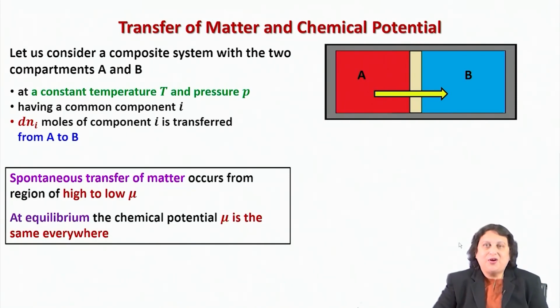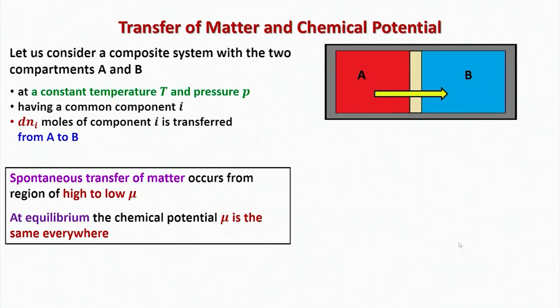So what we have learned from here is that we have been able to identify an intensive variable with respect to transfer of matter, and till now we know that this intensive variable can be determined in terms of the ideal gas, whereby I can identify chemical potential as a function of the partial pressure of the ideal gas in a mixture of ideal gases, and it gives me the condition for equilibrium with respect to matter change.